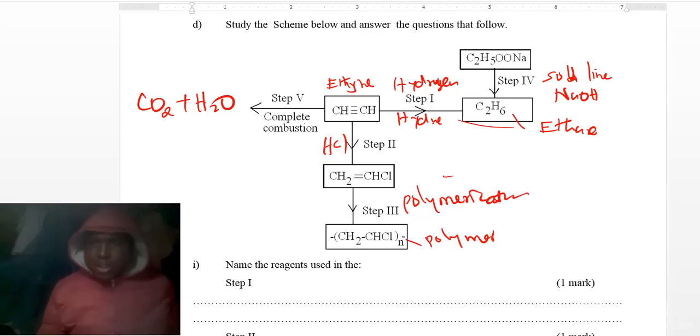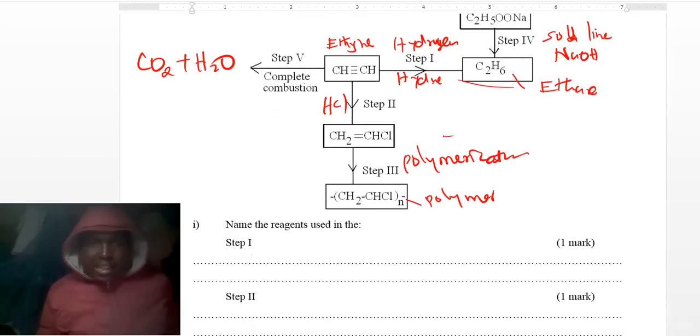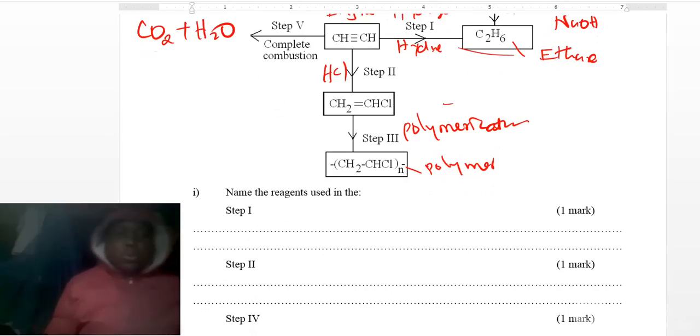Polymerization. Now, before you go to the questions, you need to analyze the diagram like that, and then you are able to answer the question. Name the reagents used in step 1. Step 1, we need hydrogen.